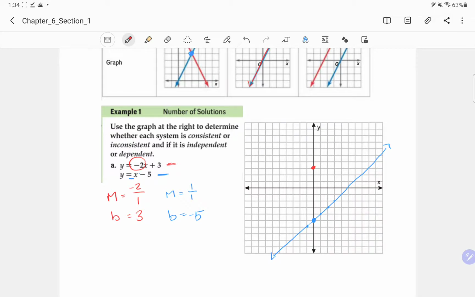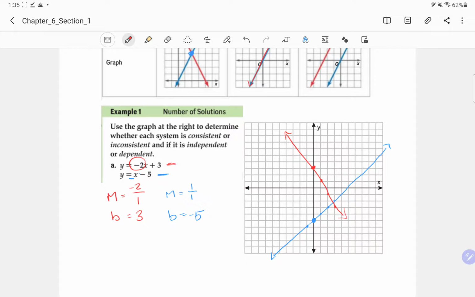Put a point. And this slope is negative 2 over 1, so I'm going to come down 2, right 1, down 2, right 1, down 2, right 1. And then you will connect those points.